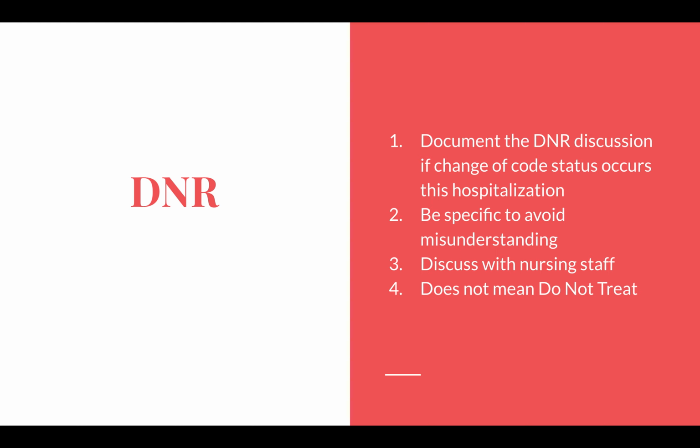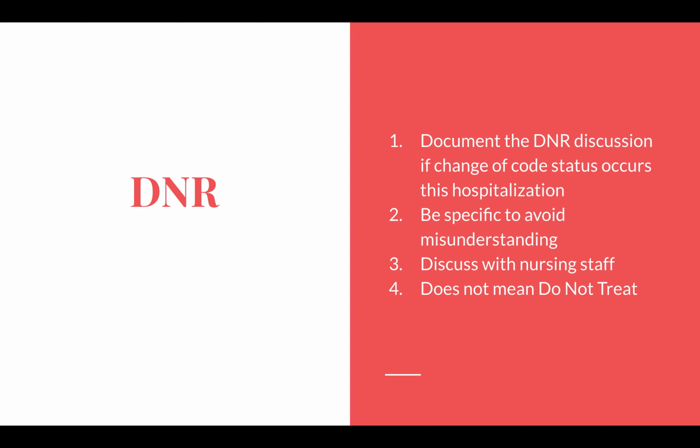So if you're going to discuss and then document a change in DNR status, there are a few things you should be sure to do. Number one is document your DNR discussion and change of code status in your note, or put in a brief note, to be sure that it's noted that you had this discussion with the family, what the discussion was, and that they elected to change code status.